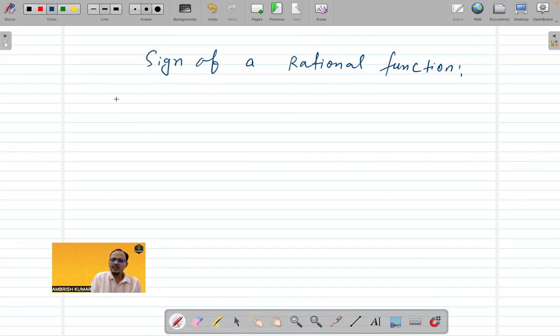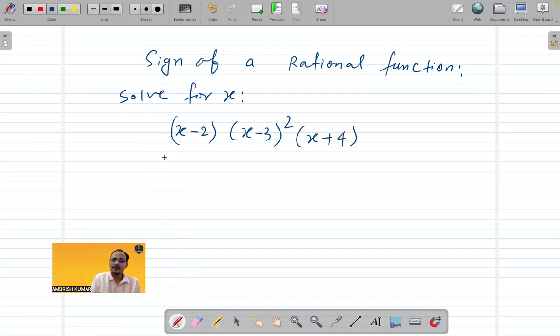For example, let us say I give you the question, solve for x. And I give you the inequation like x minus 2, x minus 3 whole square, then let us say x plus 4 is there.